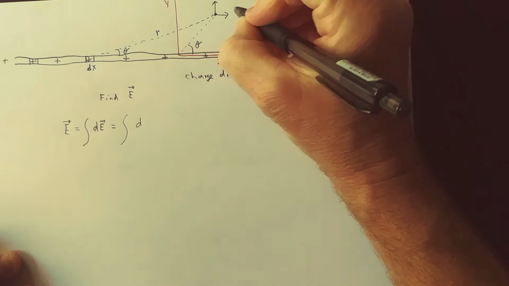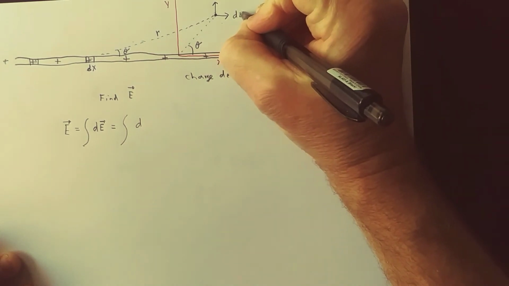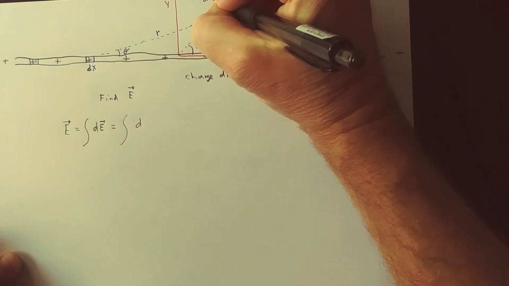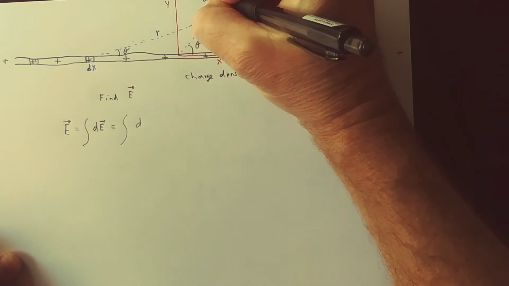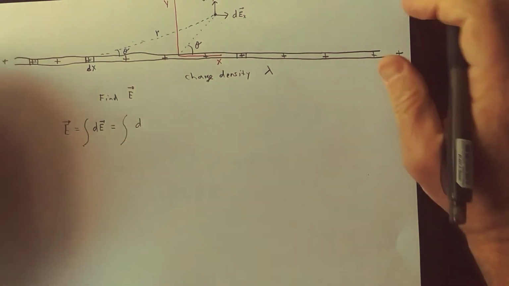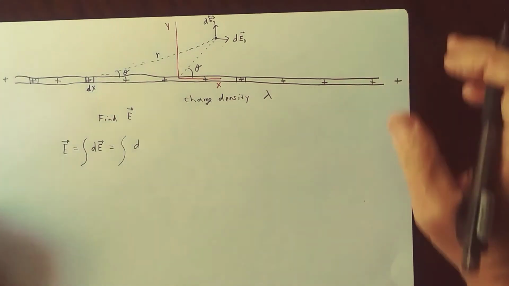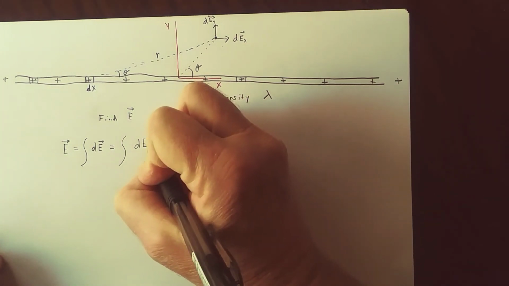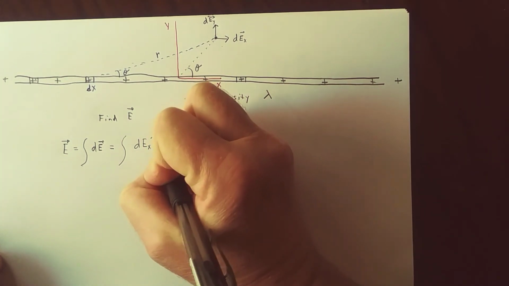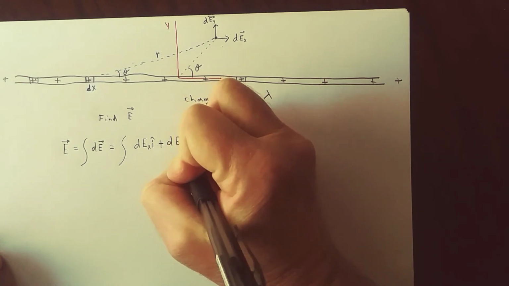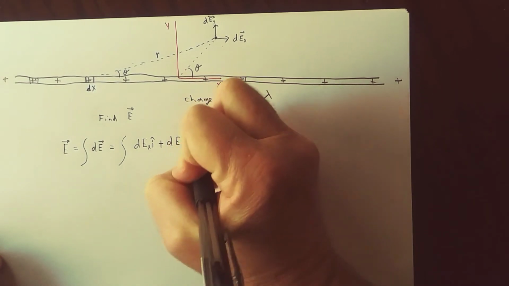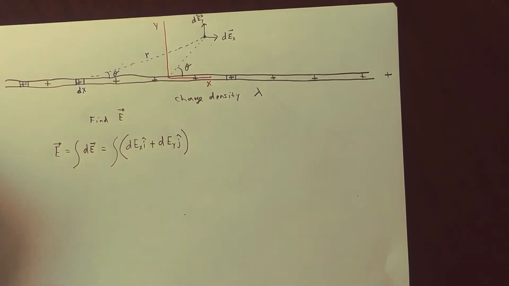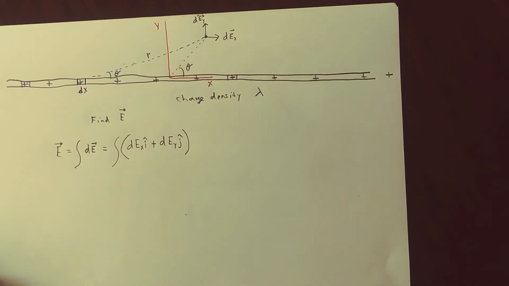A little piece produces a little x component to the electric field and a little y component to the electric field, dEy. And so we are really integrating this kind of a quantity, where we can separate out the x and the y part. And let's do these separately.